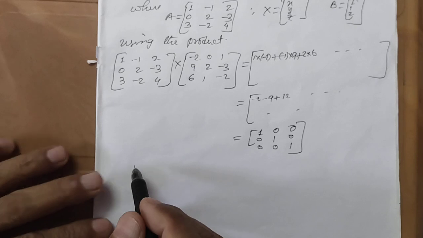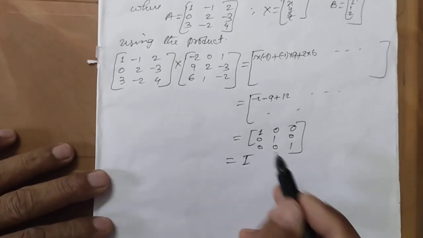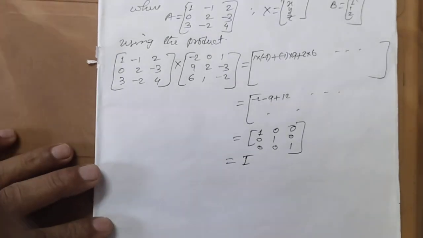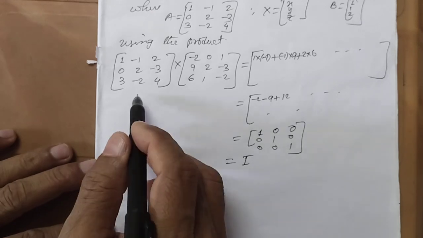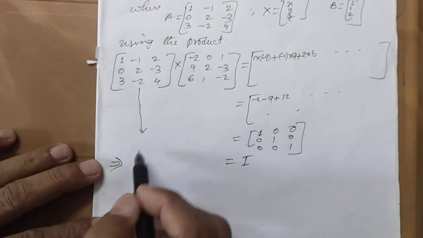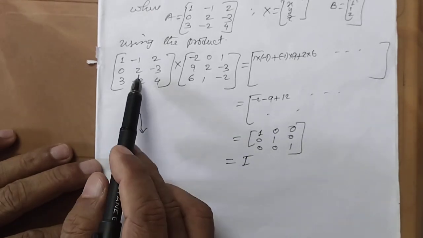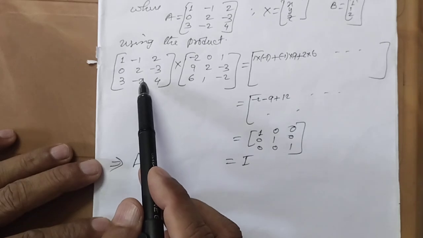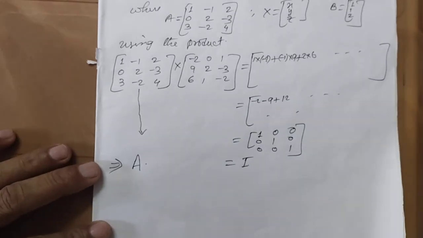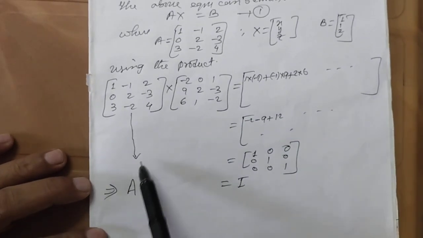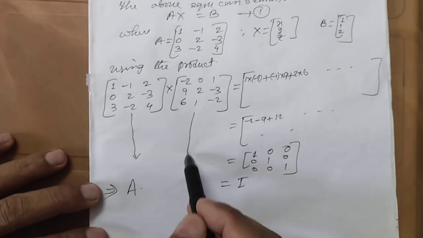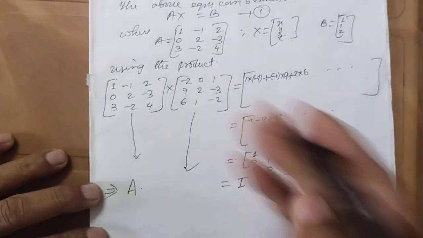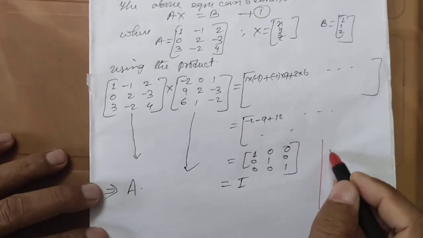And then you say, the right hand side is the identity. Now look at the left hand side. This matrix is A. This matrix, what we have written is exactly the same, it is A. Visible? Yes. This is A. So what should this one be then?